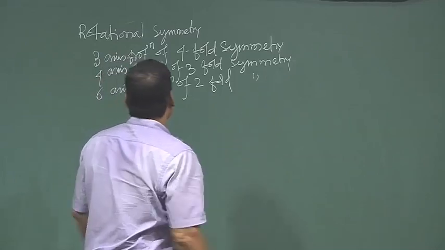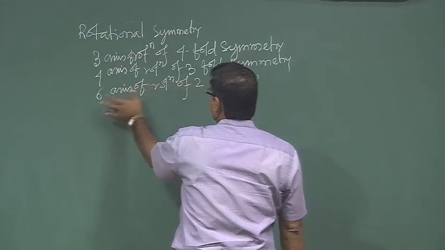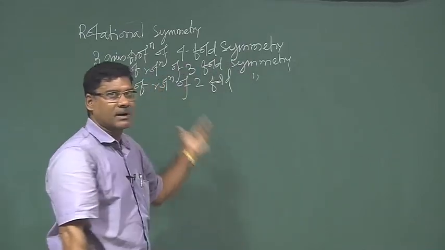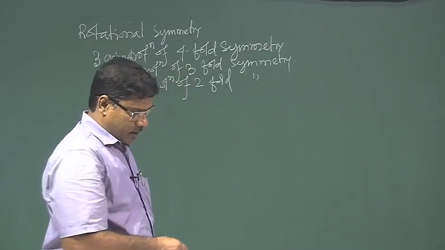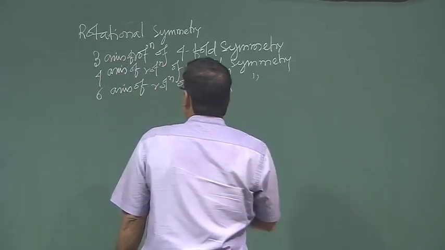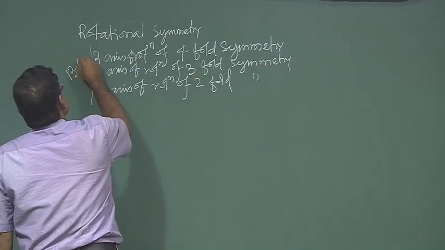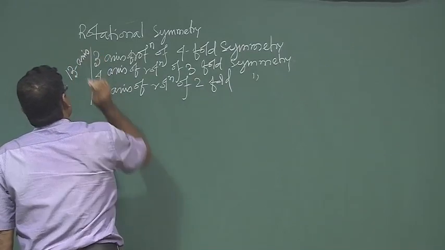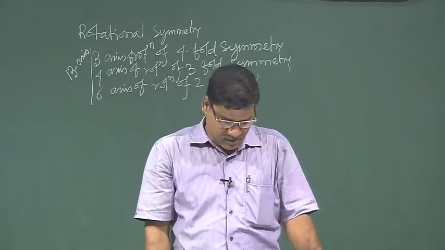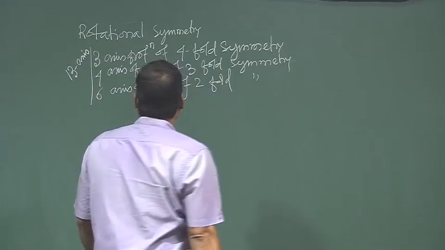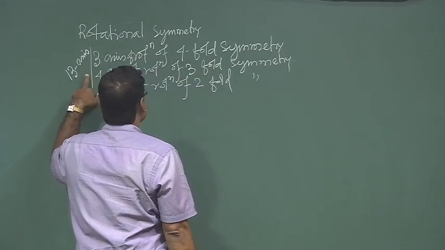So, 6 axes of this type one can get from the cube that I have shown you. So, in total 13 rotational axes, having different folds of symmetry, one can get for a cubic crystal.